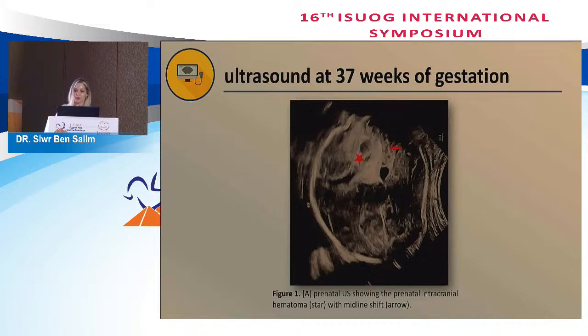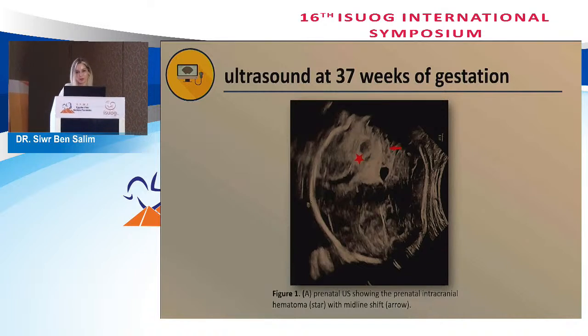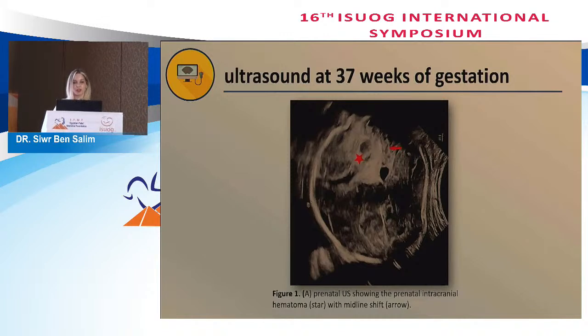The falx cerebri was displaced toward the right, and no anemia was observed based on the measurement of middle cerebral artery peak systolic velocity. It was a single fetus, concordant with its weeks, in breech presentation. The amniotic fluid volume and the umbilical artery were normal.